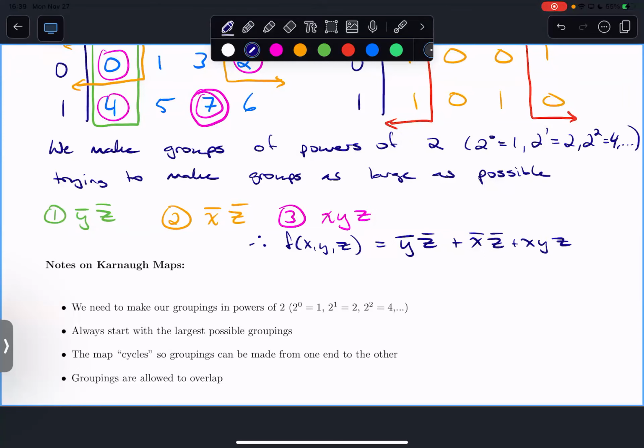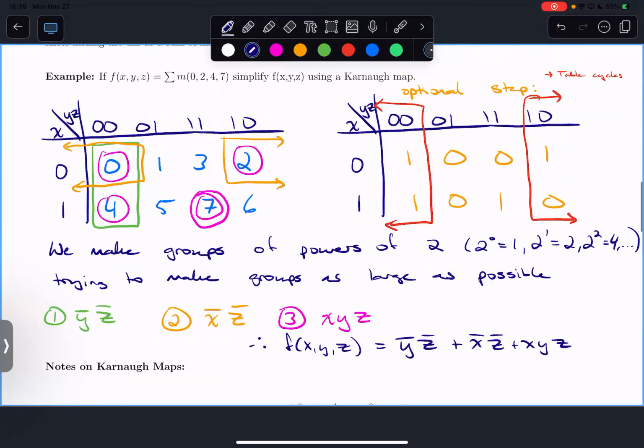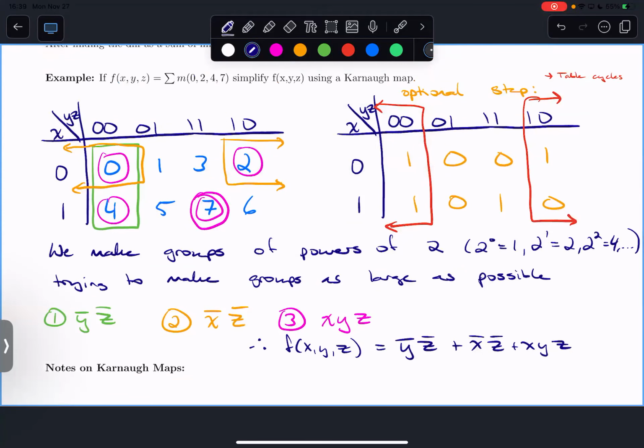For number 2, why didn't we put Y? Because I thought it would be Y and then not Z. Oh, this one? Oh, because Y is all wishy-washy. So in this term, Y is off, and in this term, Y is on. So what that means is it actually doesn't care what Y is doing, as long as X is off and Z is off.